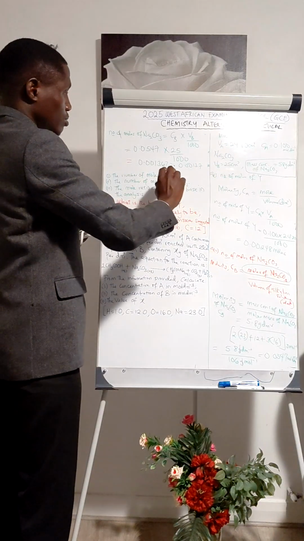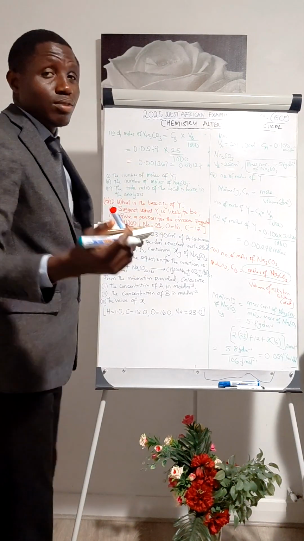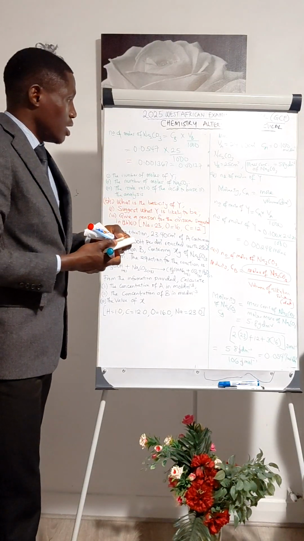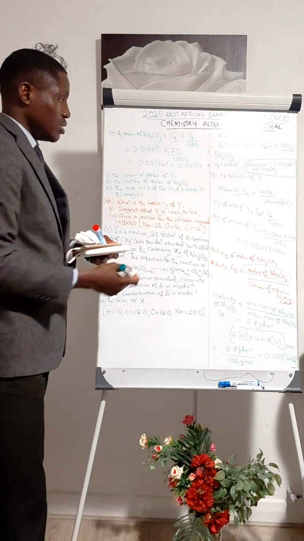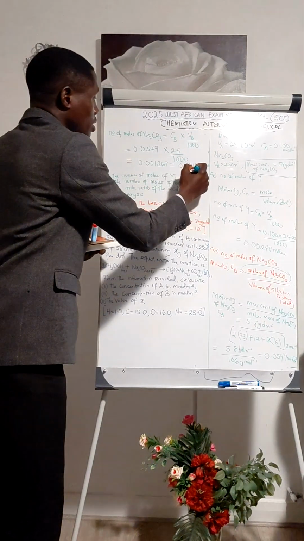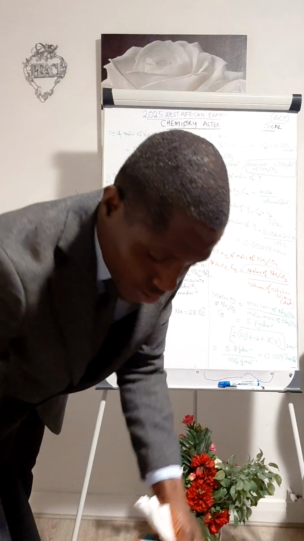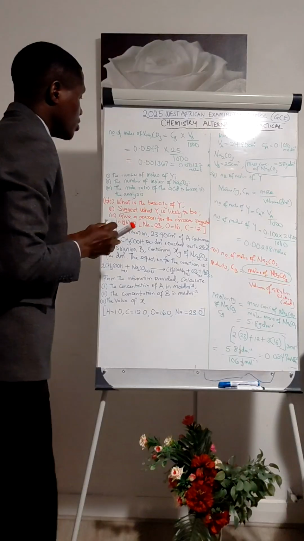So that's why you need to have a better form of this, not to have a restricted answer. That's why I take time to write the number out, then approximate it. So this is 0.00137 moles. So that's that for the number of moles of sodium trioxocarbonate IV.